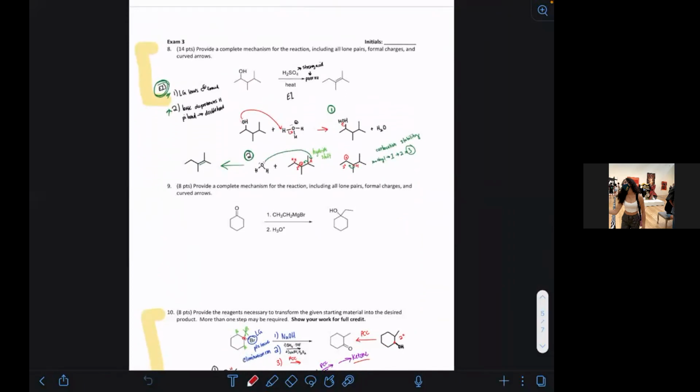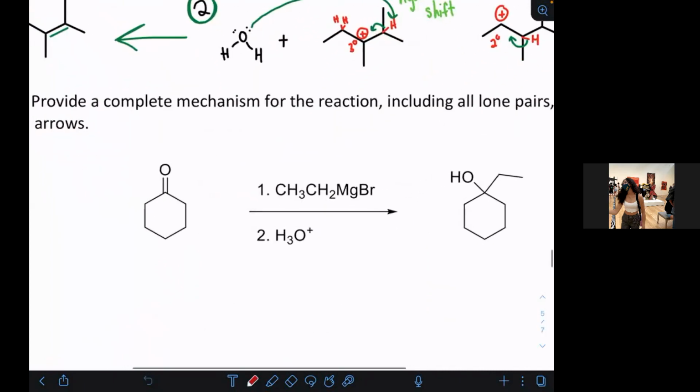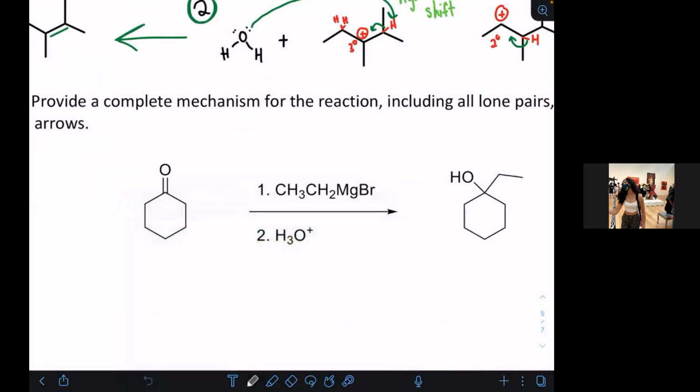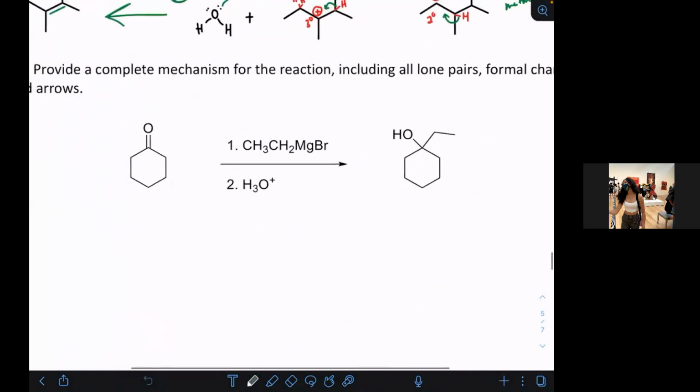Okay, so this one is provide a mechanism that we could do. I'm gonna get my Quizlet out so that I have these steps, and then I'll write them down.